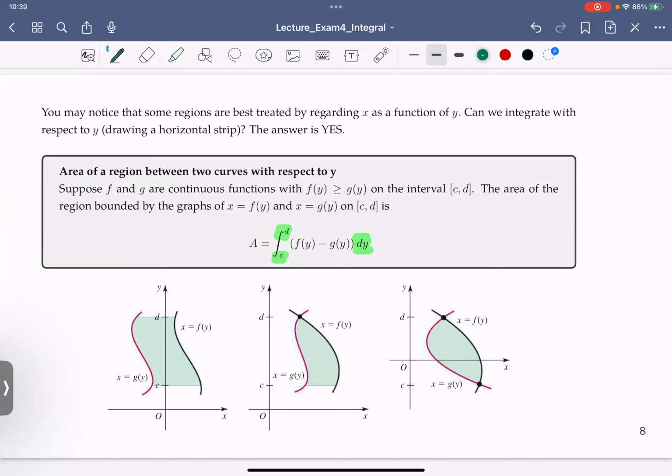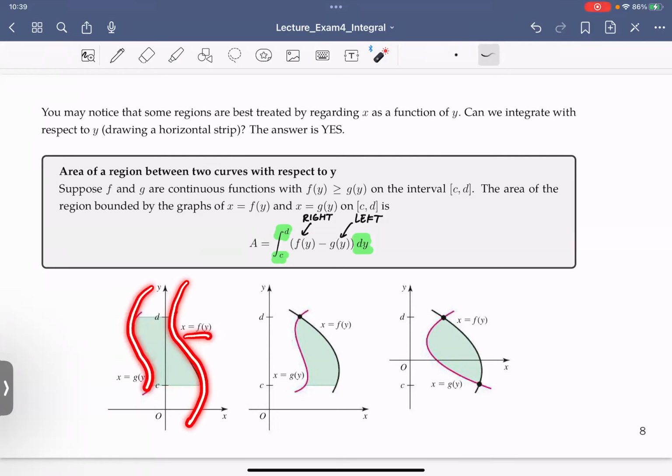You do the right hand curve first, and then you minus the left hand curve. In the picture here, let's say you have the right hand curve x equal to f of y, and x equal to g of y is the left hand curve.